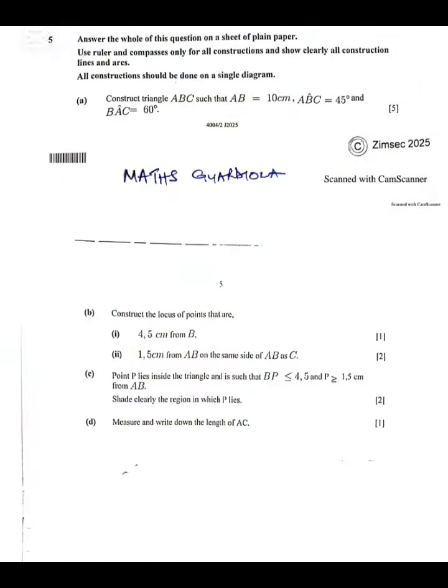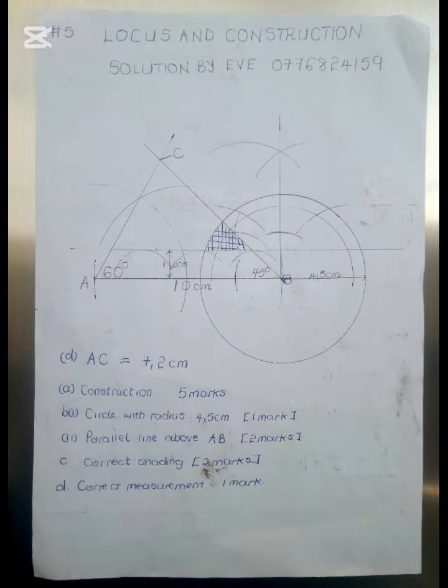And then on B part 2, construct the locus of points that are 1.5 centimeters from AB. So here we are going to construct the parallel line that is above AB. We open our compass to be 1.5 centimeters wide, and then we draw some arcs.